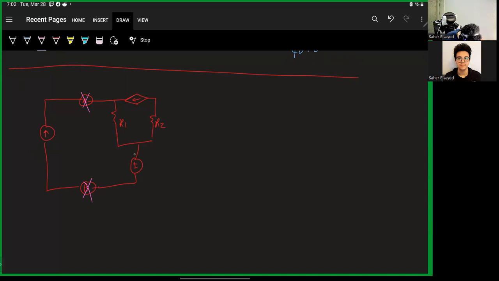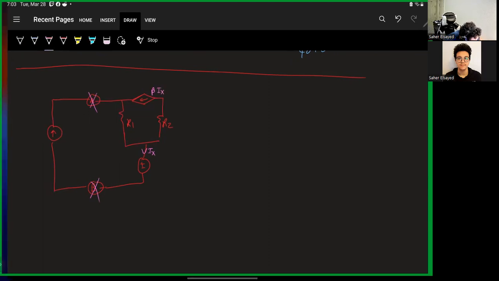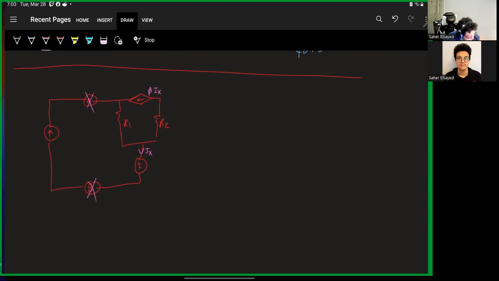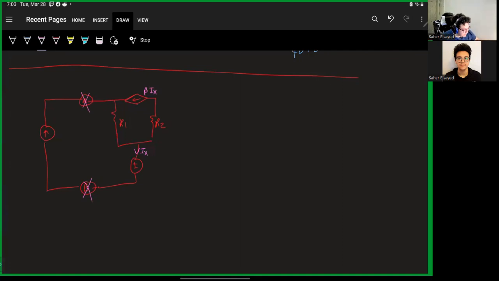So this one is given as IX. This one is beta IX. So this has dependent sources.